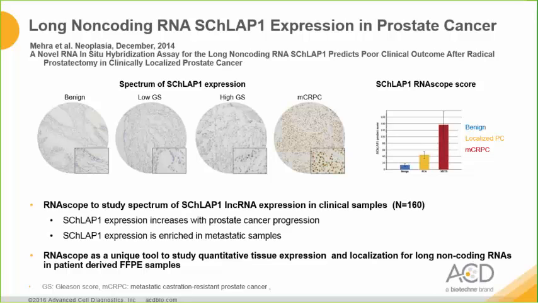In this study from the University of Michigan, the authors used RNAscope to study the expression of a long non-coding RNA called SChLAP1 in prostate cancer. They found that SChLAP1 expression increases with prostate cancer progression from low Gleason score to high Gleason score to metastatic castration-resistant prostate cancer, and localized the transcript to the nucleus.